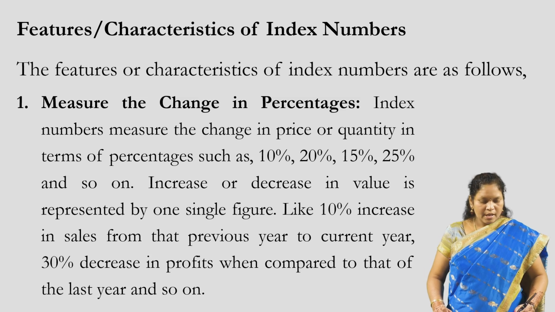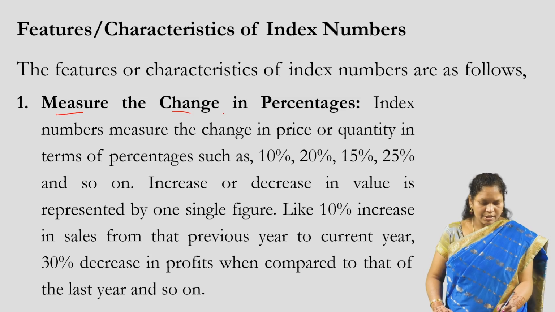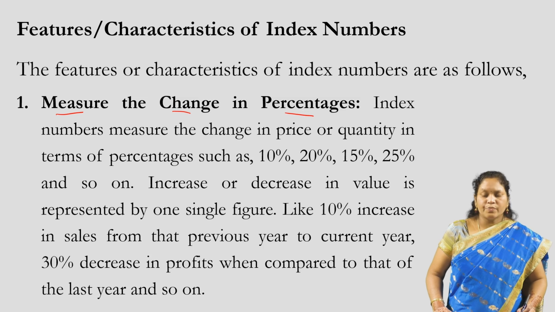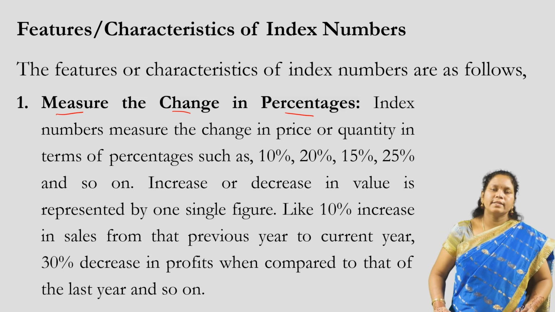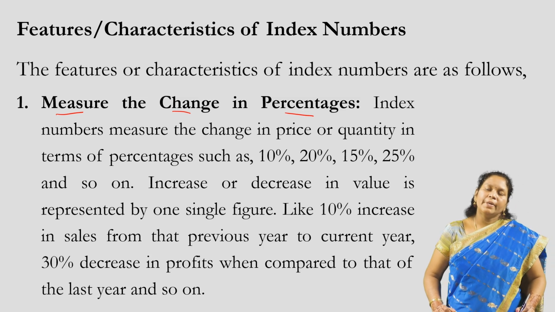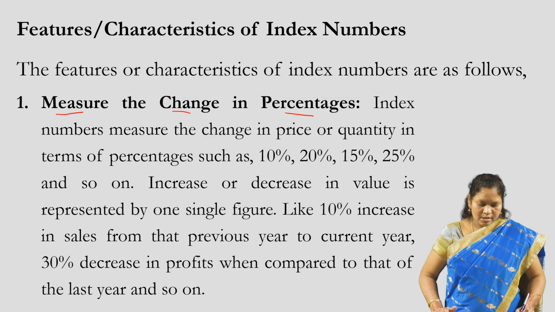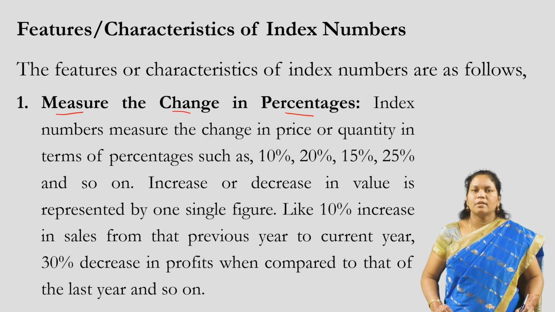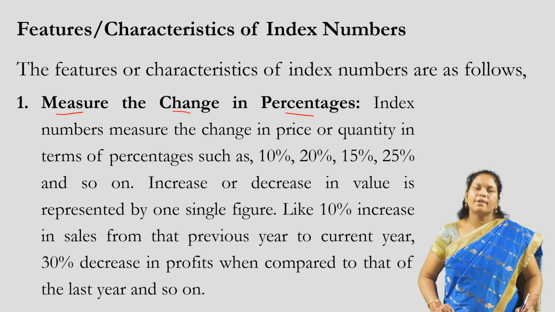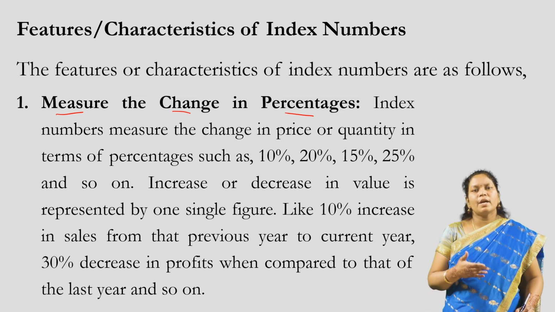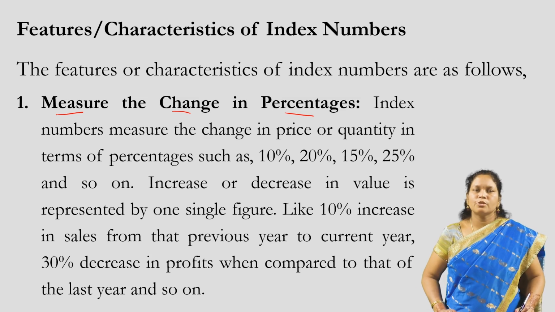Characteristics also here. The first one we have is measure the change in percentages. Yes, obviously whenever we want to compare things, definitely we'll go for making averages, nothing but obtaining percentages. So percentages we will consider, so that we will try to find out how the prices are ranging year after year, or how much quantity we are getting for so-and-so price.